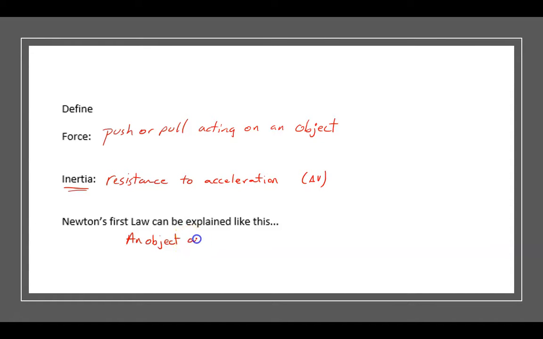So an object at rest or an object in motion will maintain velocity unless acted upon by an unbalanced force.